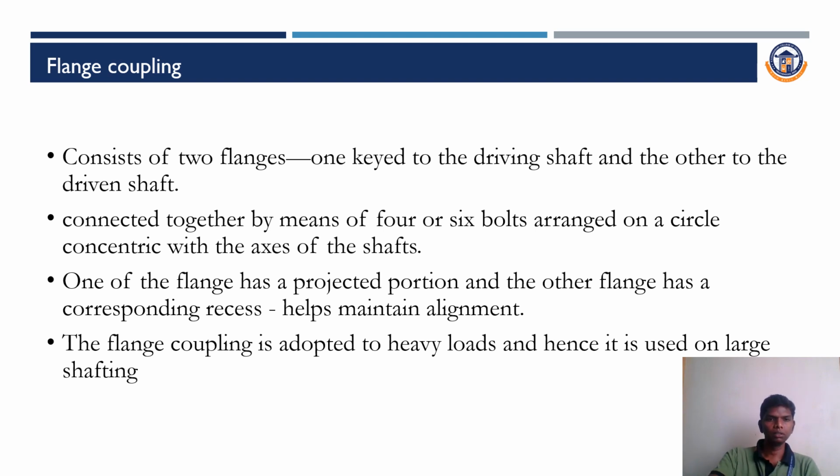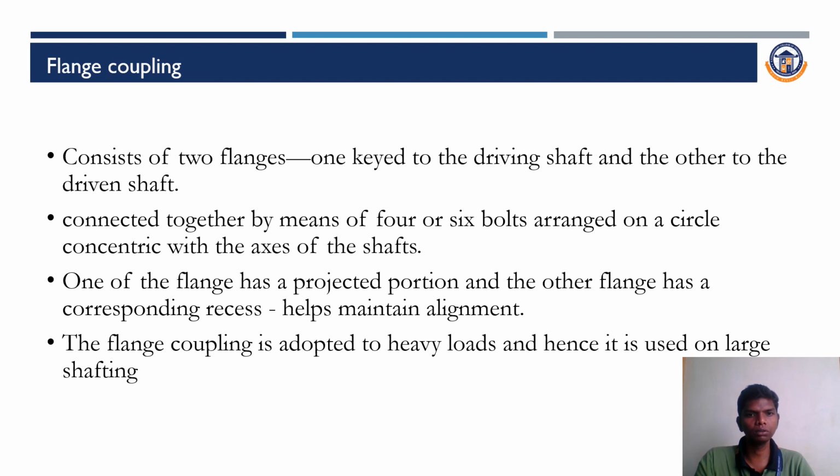Flange coupling consists of two flanges, one fitted to the driving shaft and the other to the driven shaft. We all know that while transmitting power, there is a driving gear and driving shaft. Here the coupling joins the driving shaft and the driven shaft.